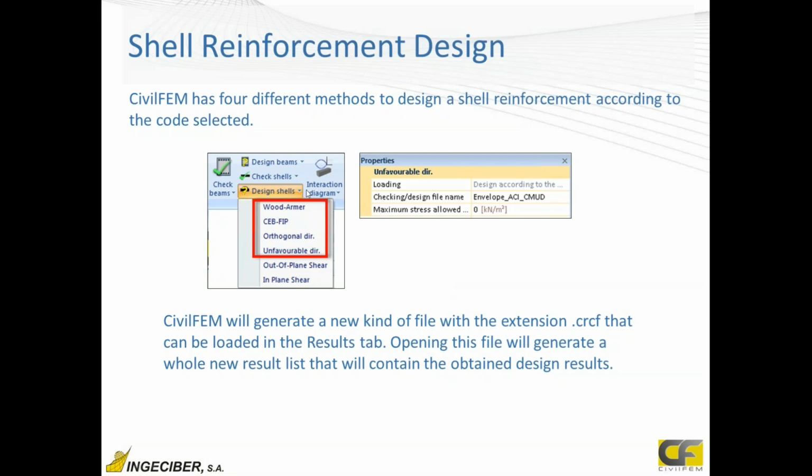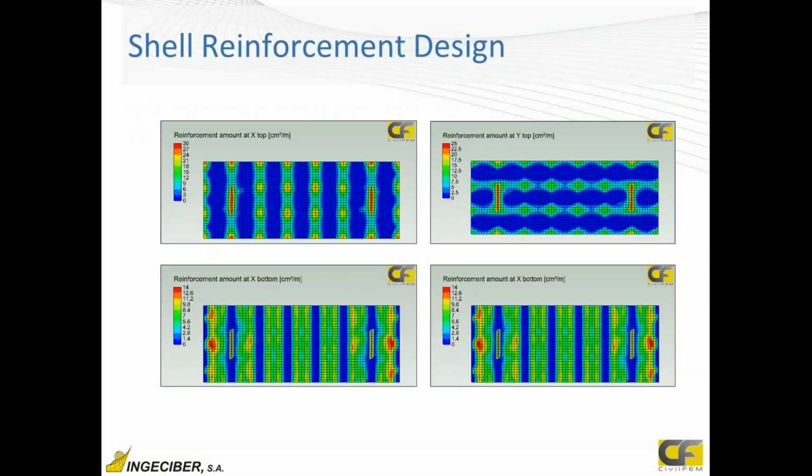Okay, so for shells we have different methods for the rebar design. Once we perform the design, the software will give us the strict reinforcement amount according to the material pivots, which was limited by the code.